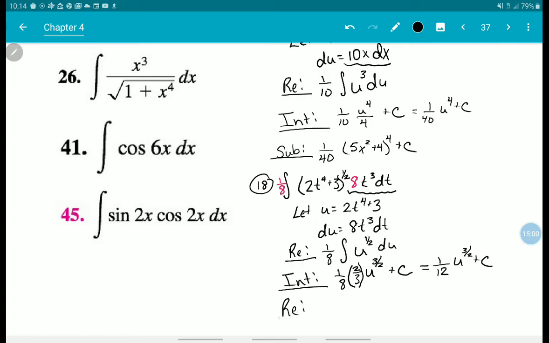So then let's do our substitution. So we have 1 over 12 times 2t to the 4th plus 4, to the 3/2, plus c.